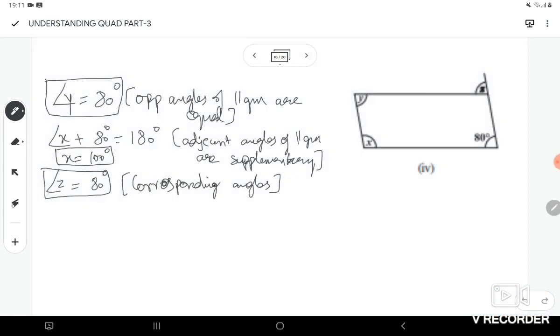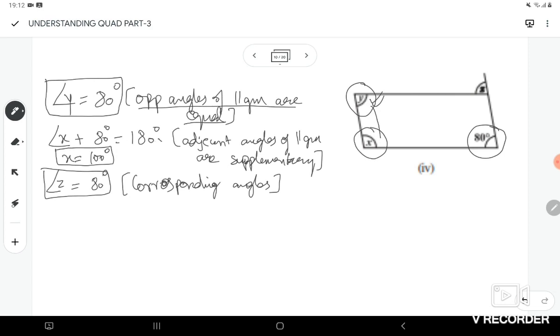Now moving on to the next figure, we can clearly see that one angle given is 80 degrees. So y would also be equal to 80 degrees. Why? Because opposite angles of a parallelogram are equal. Once we find y, we can easily find x, as the adjacent angles on the same side of a parallelogram are supplementary.